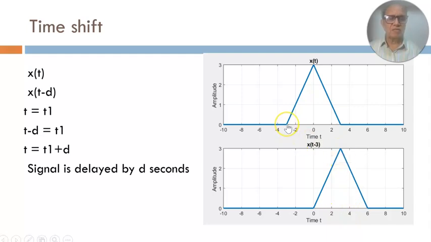In fact, every point on this waveform is shifted to the right by d seconds, or 3 seconds in this case. For example, this was minus 3, so that is shifted to 0. And this was 3, so that is shifted to 6. So this is an example of how the waveform will look when it is shifted by a certain amount of time. Alright. Now in this case, we have considered delay.